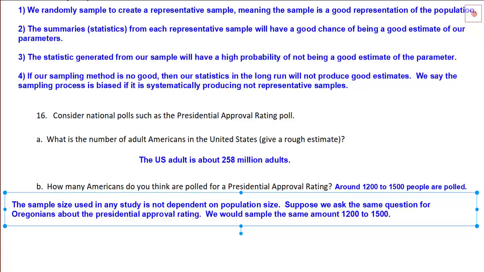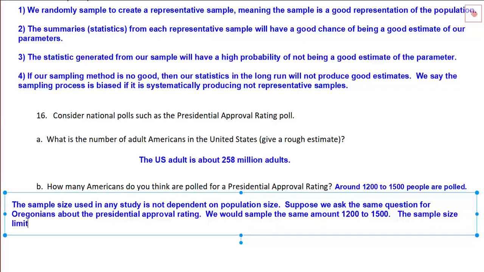So why wouldn't we sample less? The answer is no. If we sample Oregonians, then we want to know the opinion of Oregonians. If we sample the United States, then we want to know the approval rating for the United States. But what this number is trying to do is limit the variability. So the sample size limits the variability of our statistics.